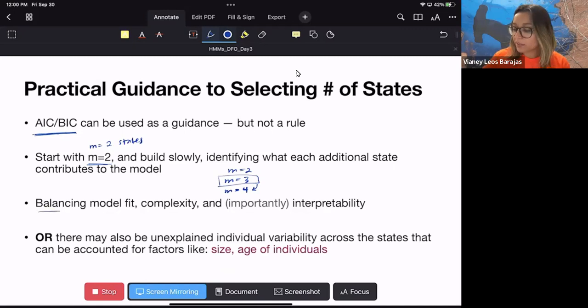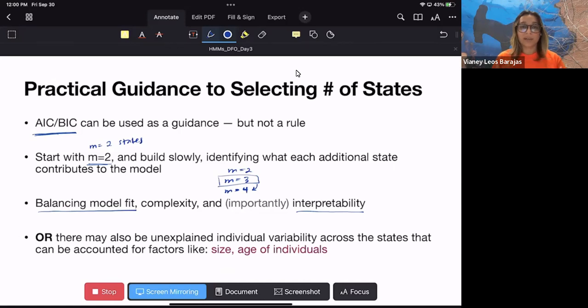So we want to balance the model fit, the complexity of the model, and the key part of it about implementing hidden Markov models for animal movement data is that we want them to be interpretable. So we want to actually be able to interpret these states as meaningful proxies of animal behavior.